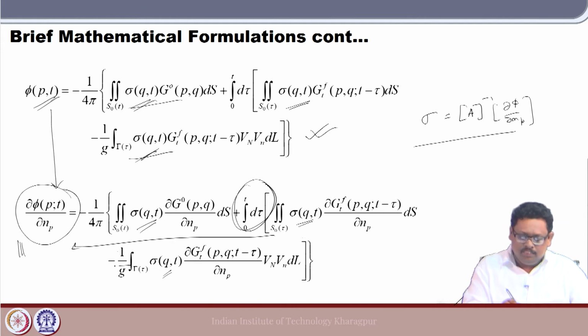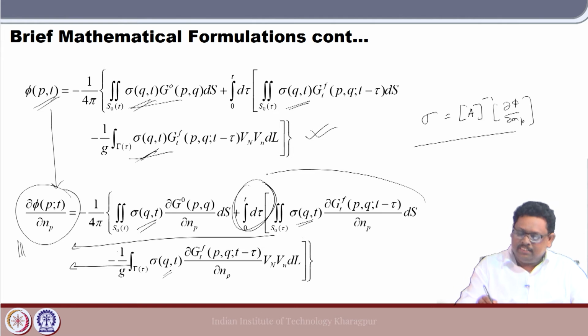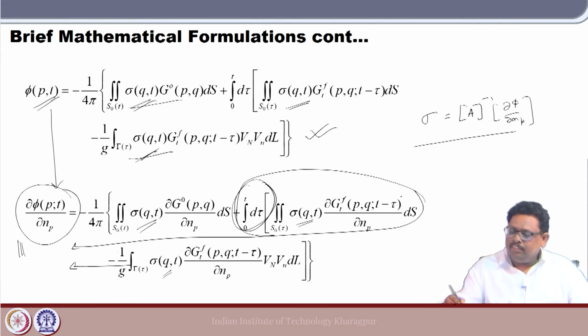Therefore, these things cannot be part of the matrix A. Why is this part of the matrix here?